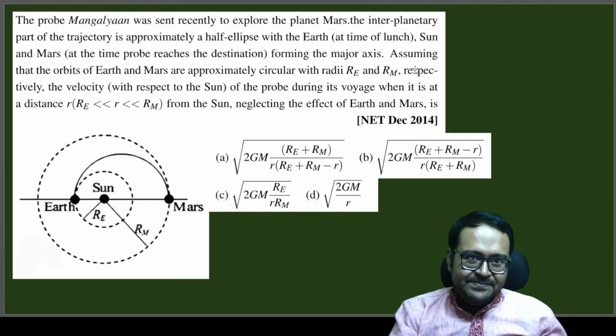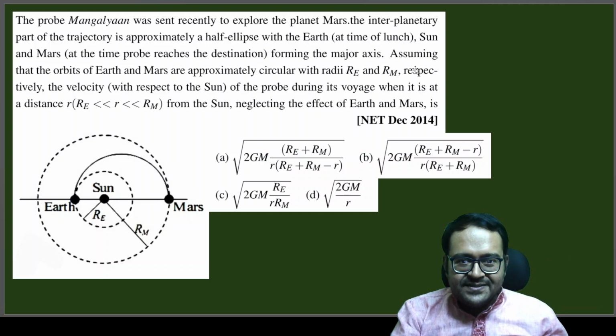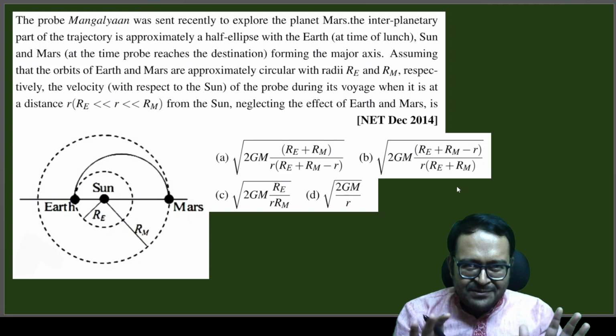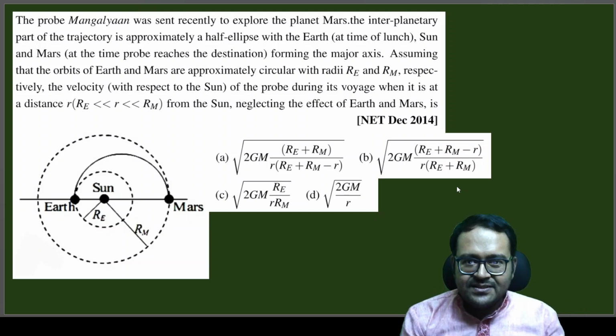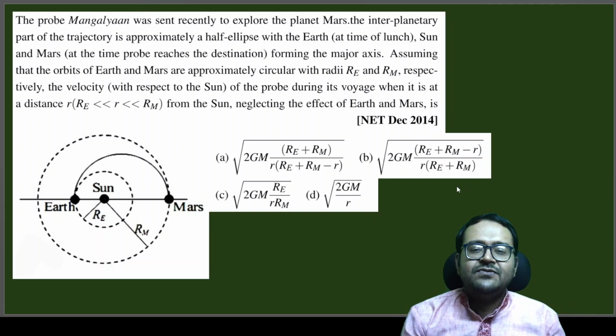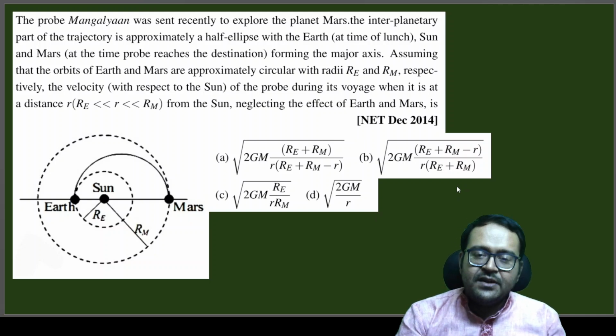Mangalyaan problem. It is called the Hohmann transfer. This is an Earth to Mars problem. The problem does not look very tough, and is not that tough, but still tough. So this is called the Hohmann transfer. You won't find it except in Kleppner and Goldstein. Kleppner does cover this Hohmann transfer.